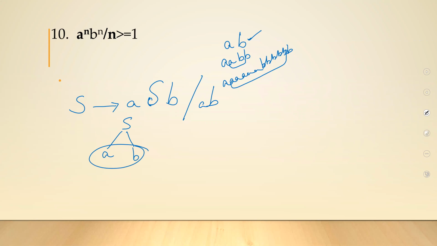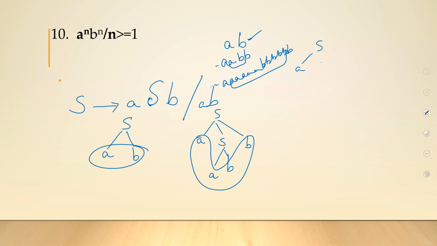Let's do AAB, the second one. You start over here, ASB. In between you just need a single AB. When you come to the last term, go for this production, AB. Done. Let's go for the big one. S is ASB. This is again ASB.